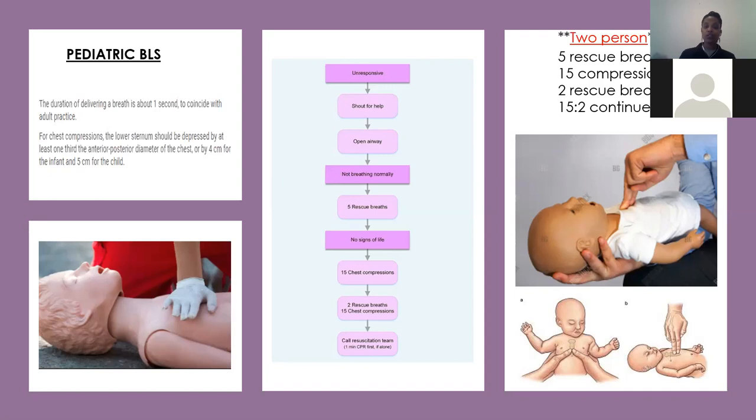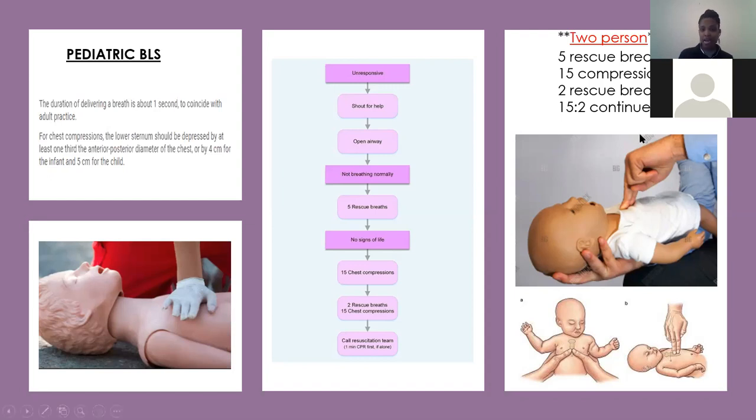If you're alone, do 30 compressions and then give 2 breaths. If you are 2 people who are BLS certified in pediatrics, then you do 15-2, switch, 15-2, 15-2, 15-2. Why? Because you want the most energy in all those compressions, especially with a child, okay?